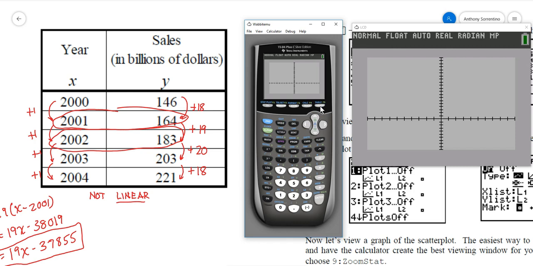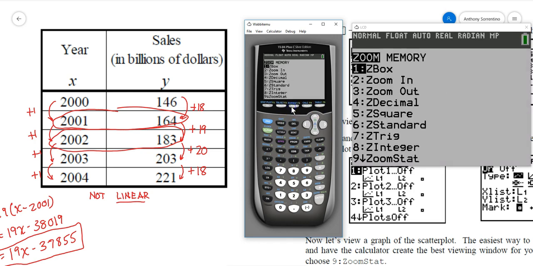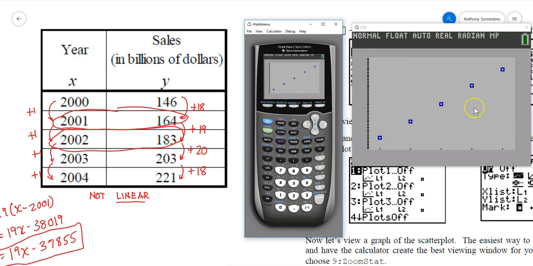If I hit graph, I may not see anything, so I'm going to hit zoom and choose 9 for zoom stat. And I can see here that this is the plot of my data. It adjusted my X and Y axis so I could see all the data here. You don't see much of an axis here because it's pretty high up.